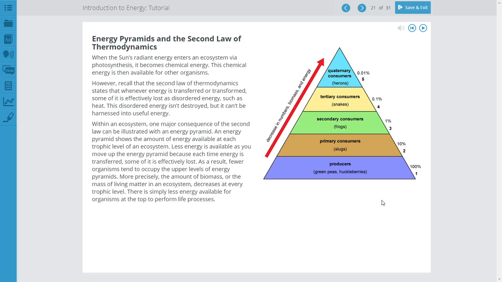Now here's all of that I just told you, but not in a graphic form like pictures, but in more of a chart. This is called the food pyramid, and it very clearly shows the second law of thermodynamics. The producers, in this case green peas and huckleberries, are plants.